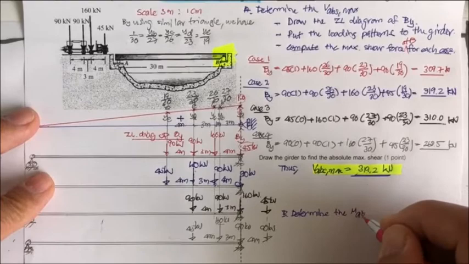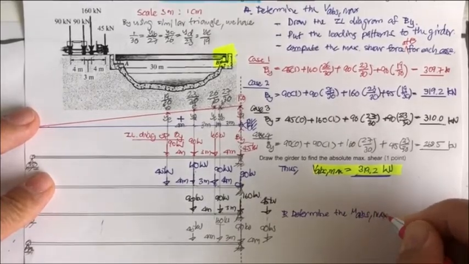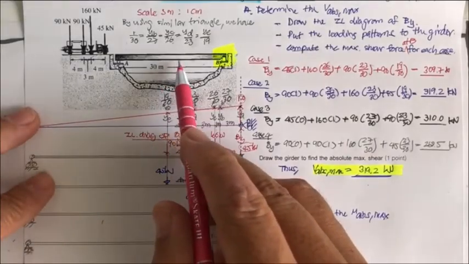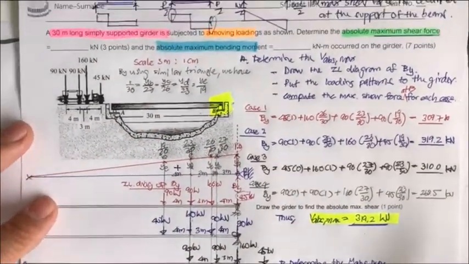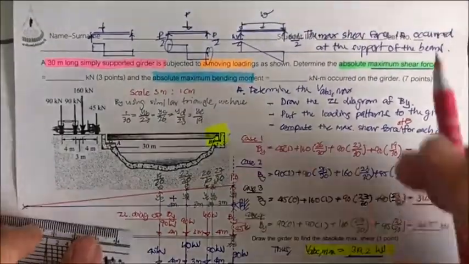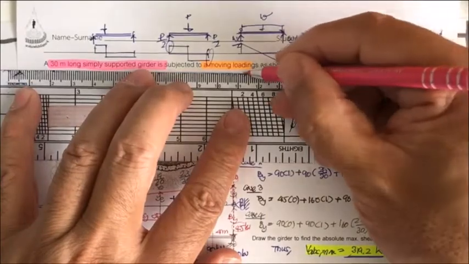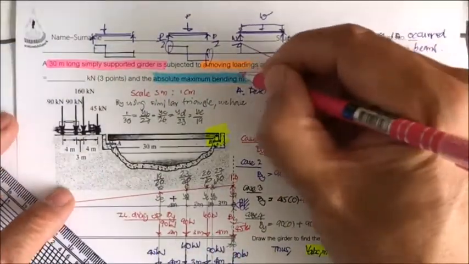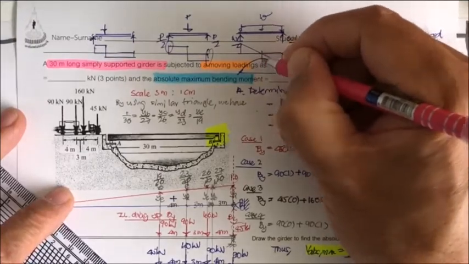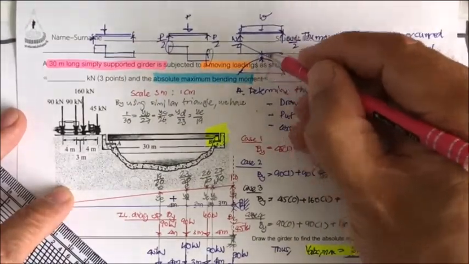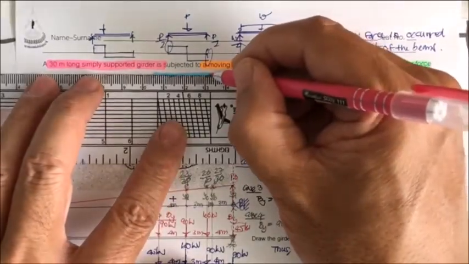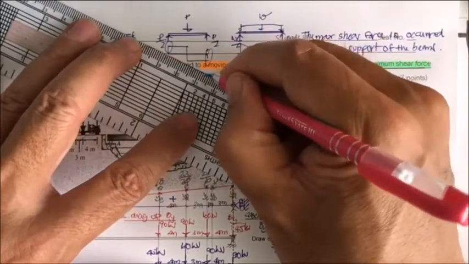We will determine the M absolute max. And you may understand that for the simple beam, most of the time the maximum moment occurs near the midspan of the beam. For this one, the moment is going to have a shape like this, and this one is going to be the max. See, it's going to occur near the center of the beam. And also for this one, sure, you guys can draw this.